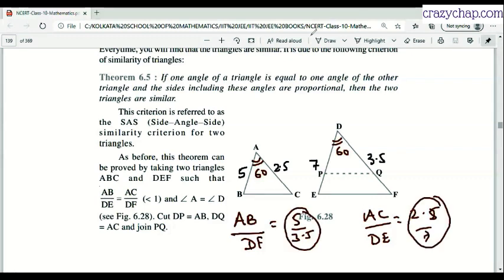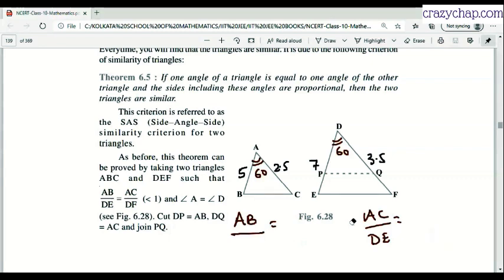Because we have to select different combinations. So now we'll try a different way. Try to compare with different sides. You will always have to do the trials. So side AB, now I am comparing with DE.